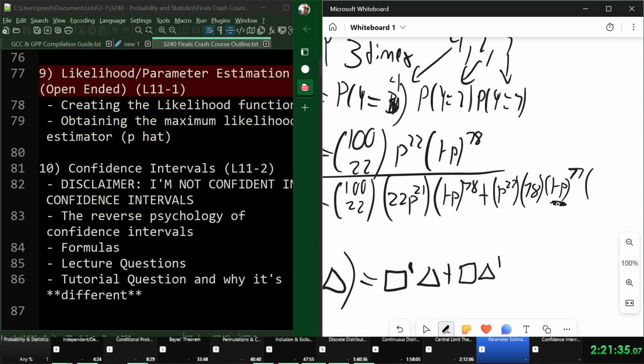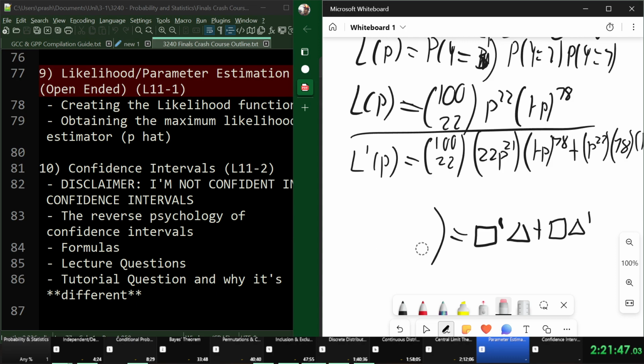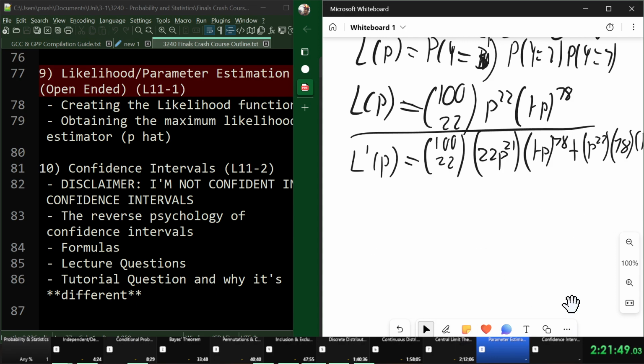Differentiate the inside, because that's what the chain rule is about, minus 1. And this becomes some giant thing. But the key idea is that at critical points, this whole expression is 0.